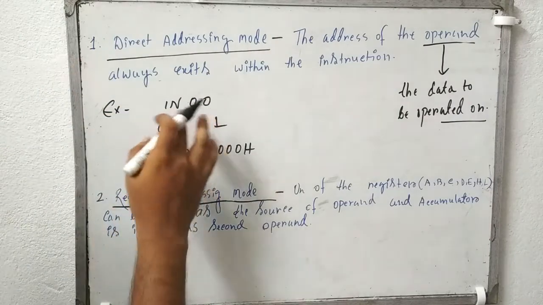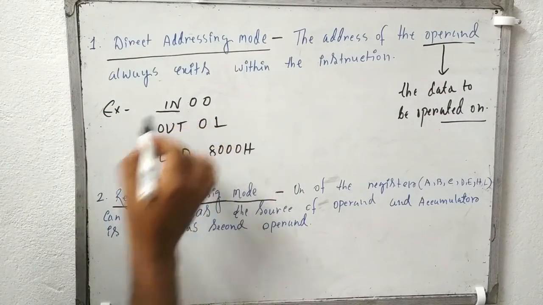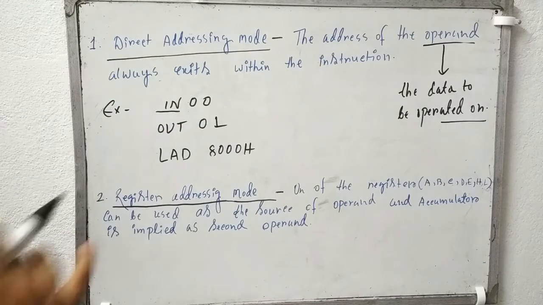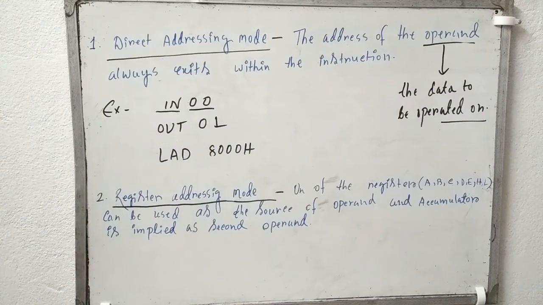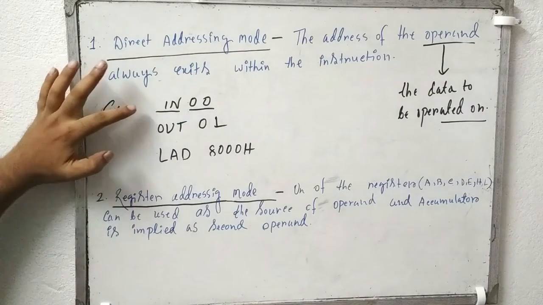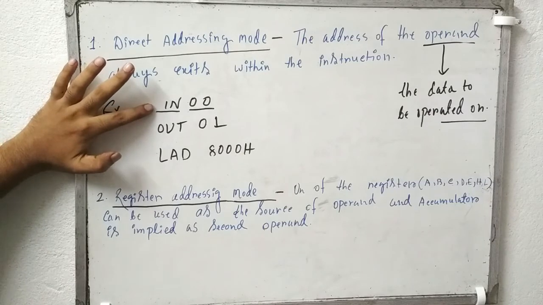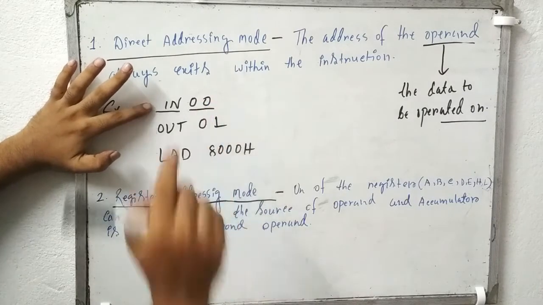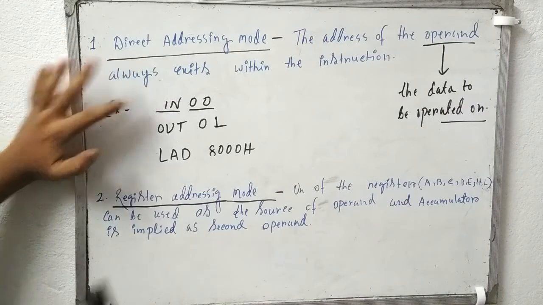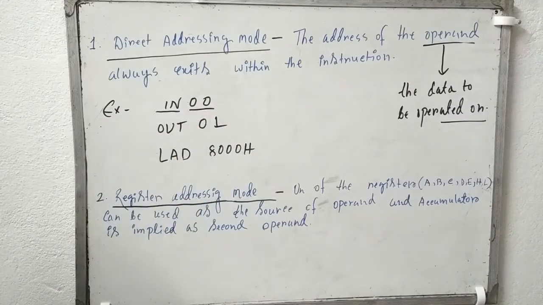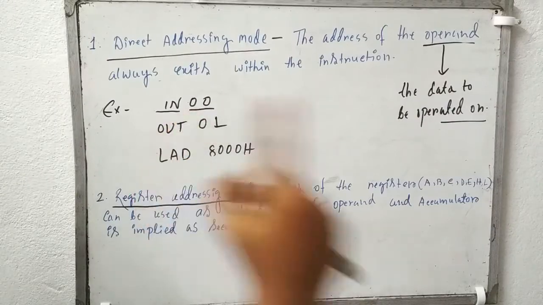If you look at the first instruction, there is an op code here, and this is an address. IN 00 means the data is to be read from the 00 input port and stored in the accumulator.